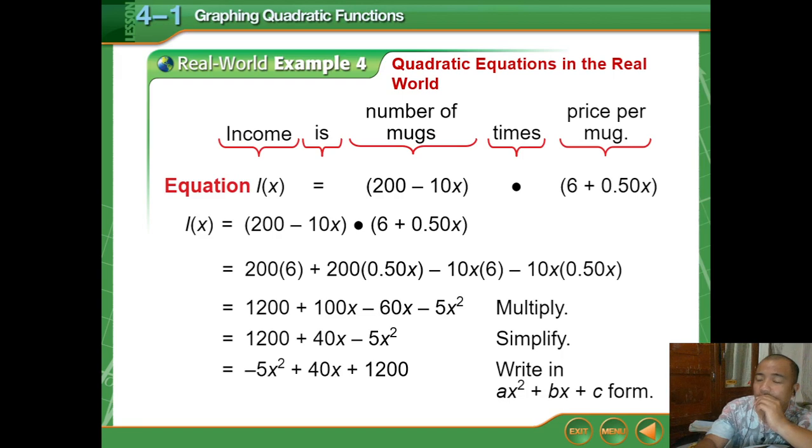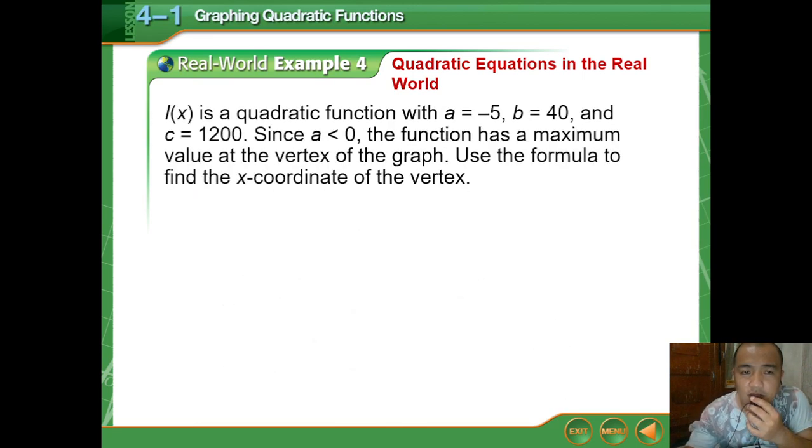It's equivalent to negative 5x squared plus 40x plus 1200. Then L of x is a quadratic function with a equal to negative 5, b equal to 40, and c equal to 1200. Since a is less than 0, this function opens downward, so it has a maximum value at the vertex of the graph. So use the formula to find the x coordinate of the vertex.